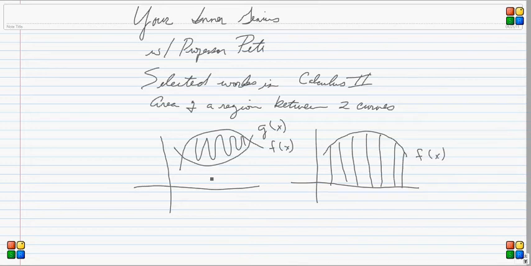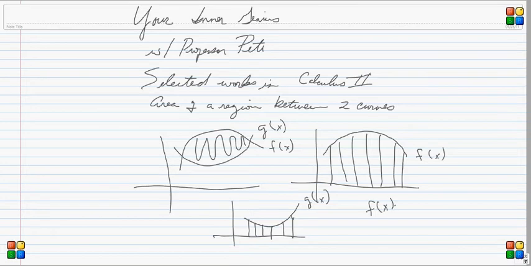Now with our g of x, say this is the same as our g of x. Figuring out the area, that would be whatever is below the g of x right there. So what we're trying to find out is what the f of x is minus what that g of x is.